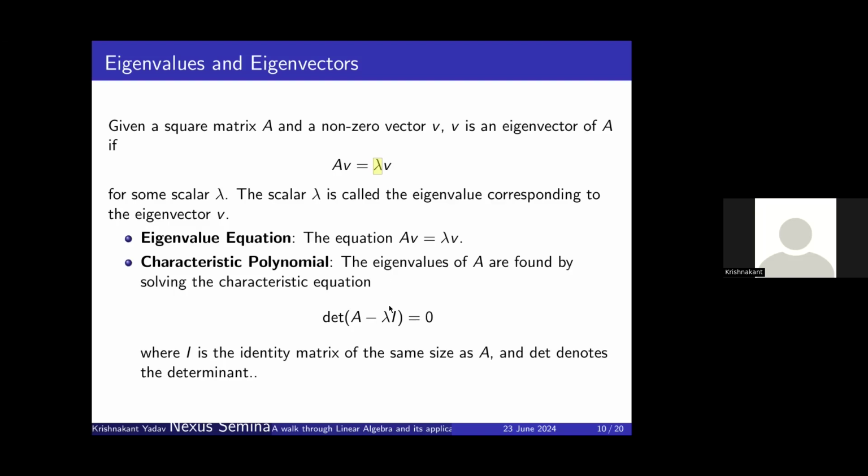If we multiply lambda by an identity matrix and subtract it from the original matrix, and put the determinant of this matrix equal to 0, we can get the eigenvalues, that is lambda, maybe 1, 2, or 3.